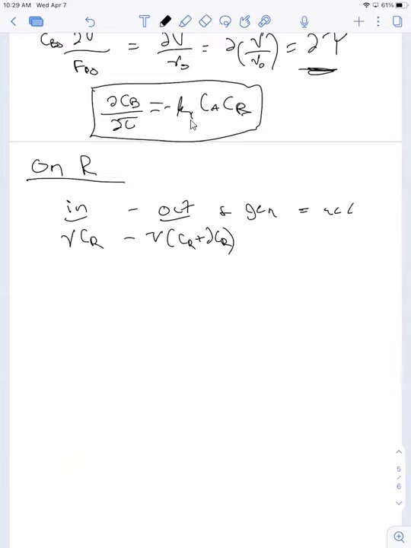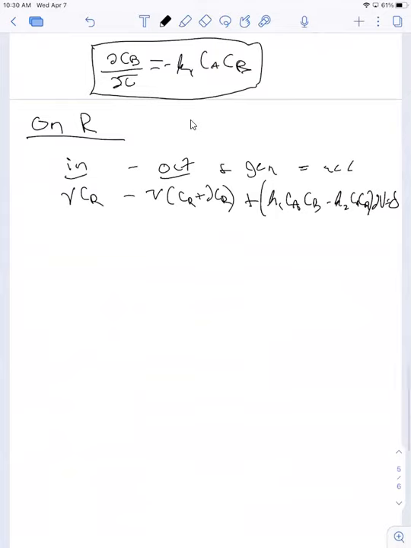So then this is plus K1 CA CB, and then minus K2 CA CR, times the differential volume, equals 0. We can divide by the volumetric flow rate, and that gives us CR.